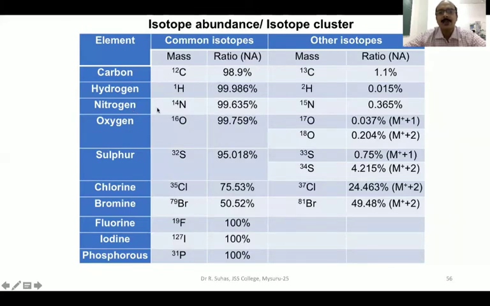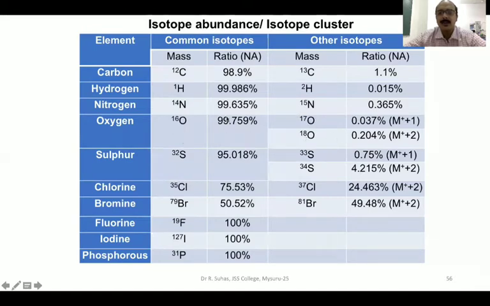Coming to nitrogen, it has N14 and N15. N14 has 99.635% natural abundance, whereas N15 has 0.365%, meaning that N14 is the highest abundant isotope of nitrogen.